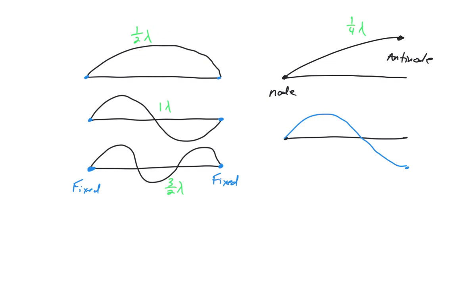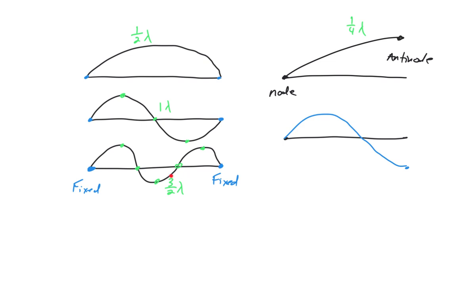If I label all of the nodes and the antinodes in a wave, it makes it easy to count how many wavelengths I have. For instance, for this wave, the second pattern right here, I've got 1/4, 2/4, 3/4, 4/4. That's how I know I've got 1 full wavelength. 4/4 is just 1. And in this pattern, I've got 1/4, 2/4, 3/4, 4/4, 5/4, 6/4.